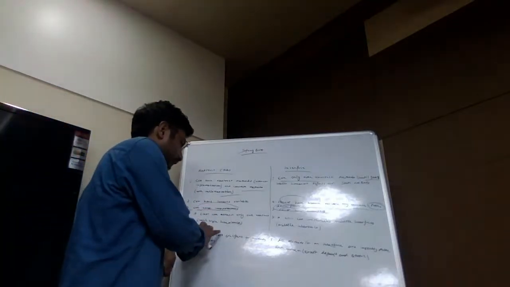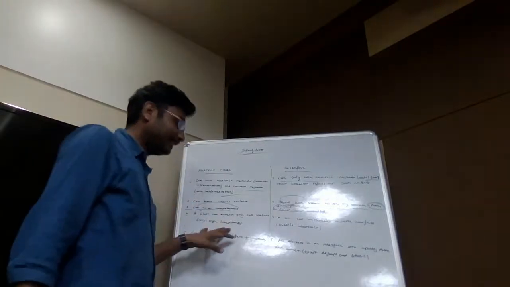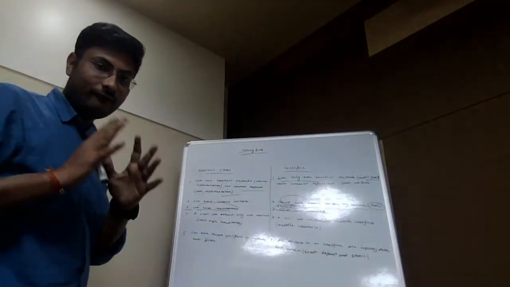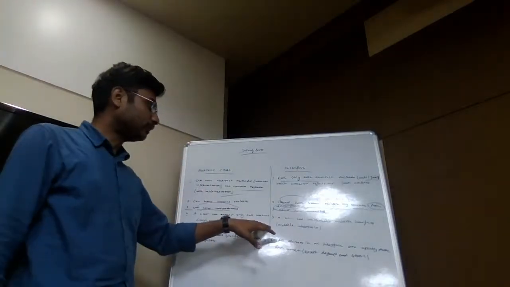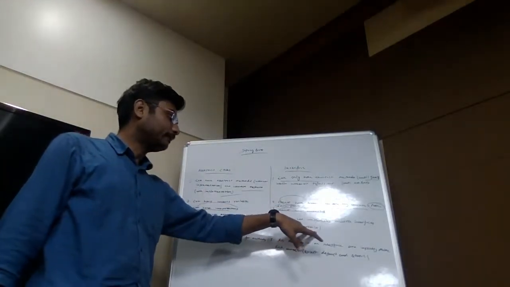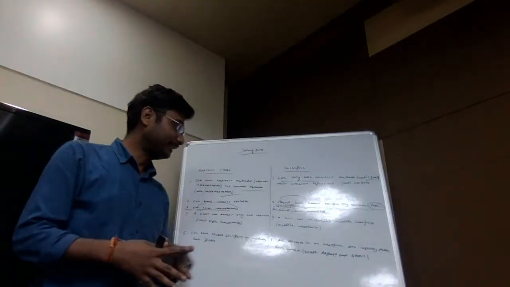Now the fourth point. A class can extend only one abstract class, which is single inheritance. But in case of interface, a class can implement multiple interfaces.